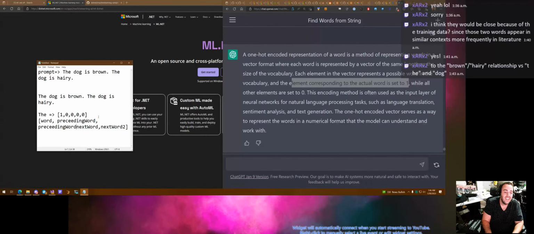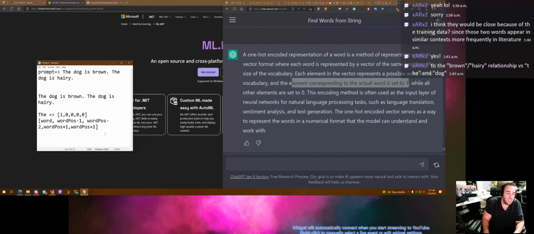Another way to say it is word position minus one, relative to the word's position. So this would be minus two, the word before it, and this would be word position plus one, 1, 2, 3, 4, and 5.